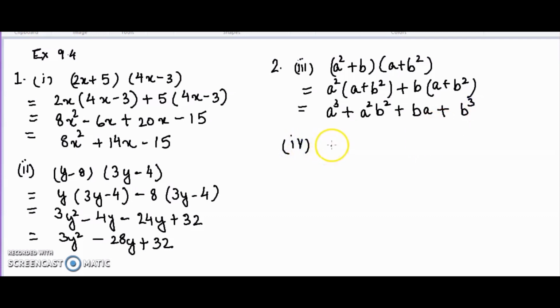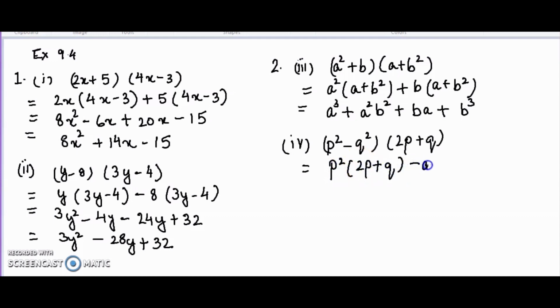And fourth one also we will be doing p square minus q square into 2p plus q. So here p square into 2p plus q minus q square into 2p plus q.